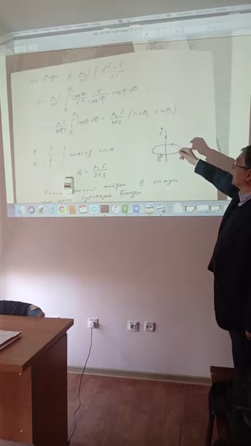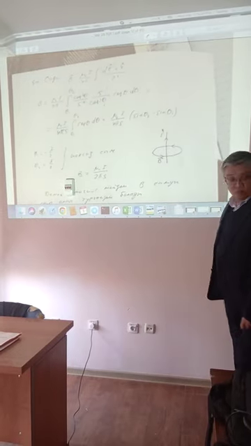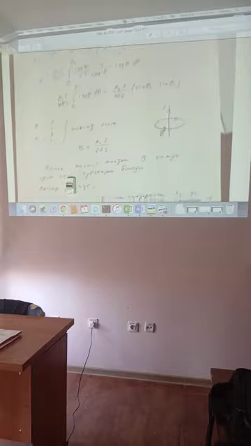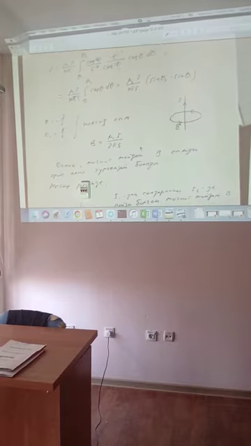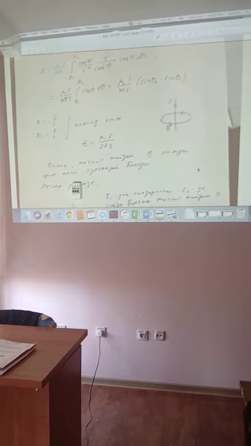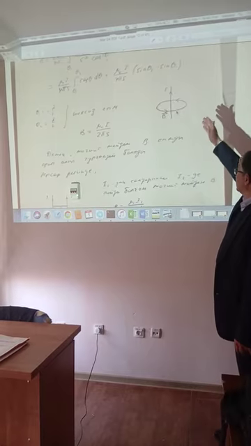And we substitute these values, and finally we have the expression for magnetic field B equals mu naught I divided by 2 pi s. So this magnetic field is created at some distance s from the straight wire.